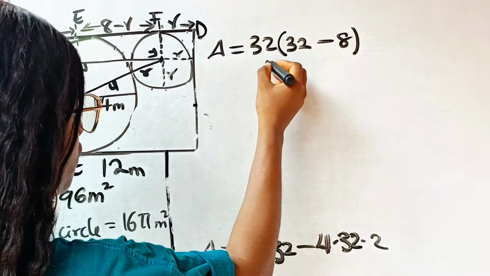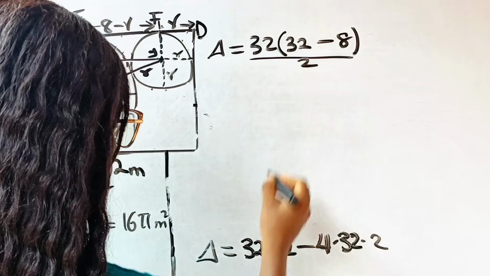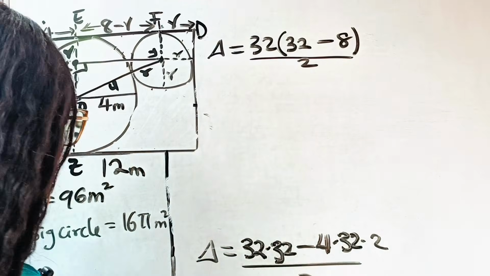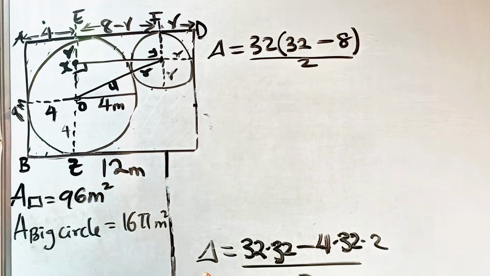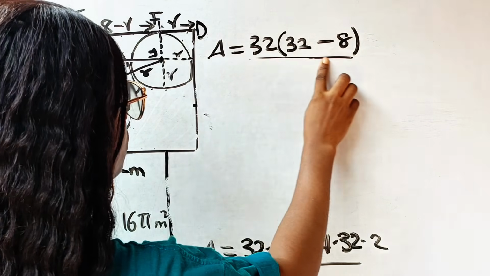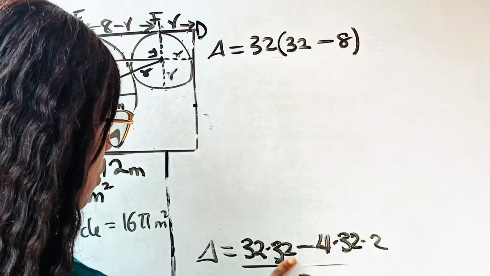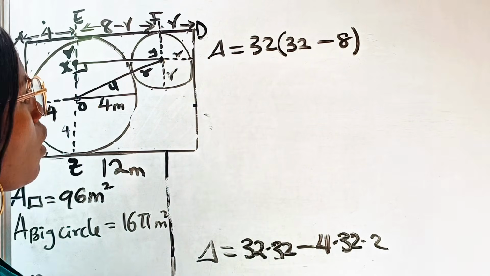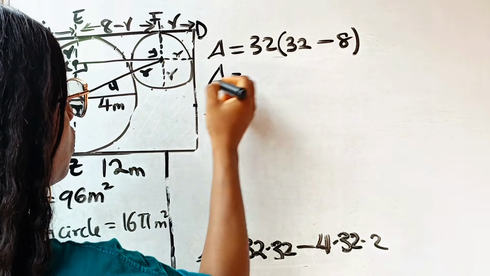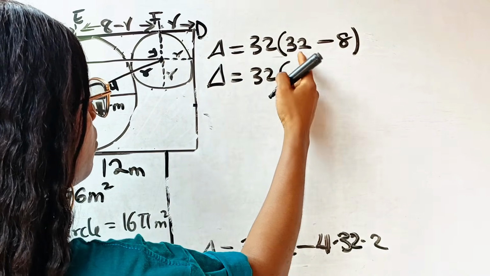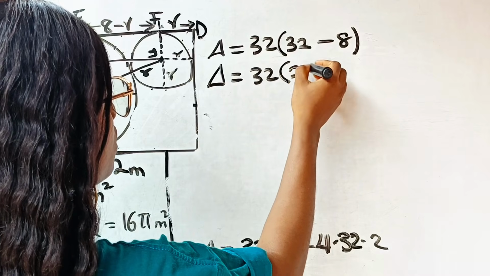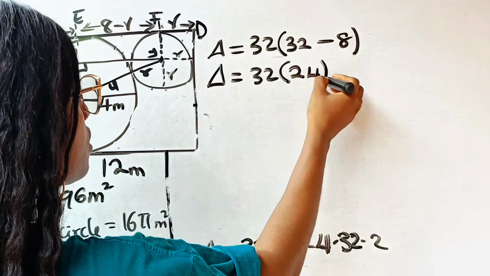So divided by 2, we forgot that, divided by 2, that is the discriminant, right? No, sorry, without the division. All right, now we have this is equal to 32 multiplied by this will give us 24, right?